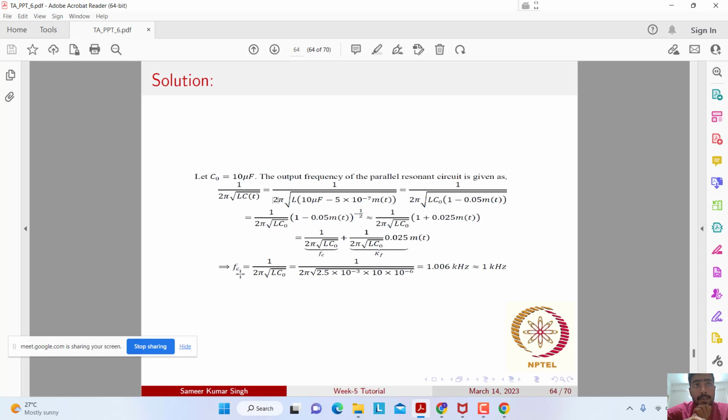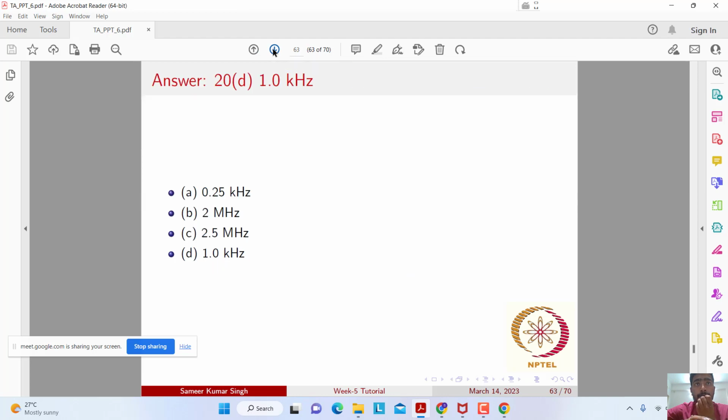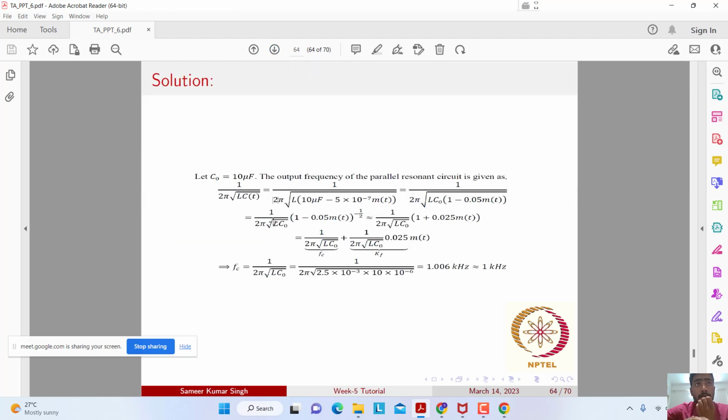From there we can get fc equals 1 upon 2 pi, L is given 2.5 millihenry, C naught is 10 microfarad. Just put that. That is fc plus kf m(t), which will come to 1 kilohertz.